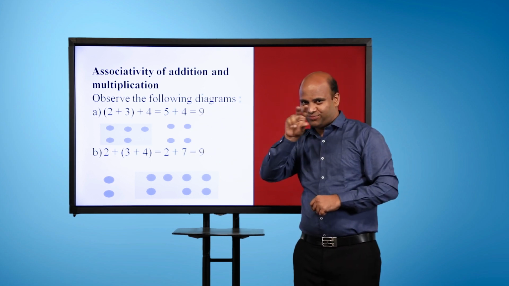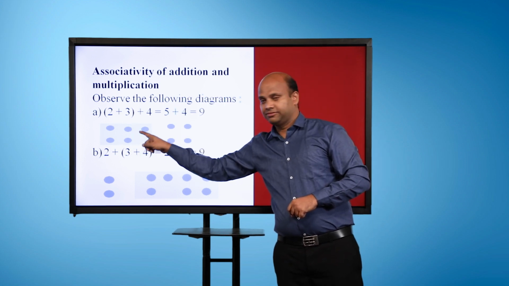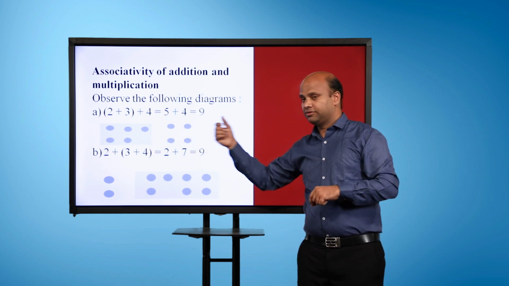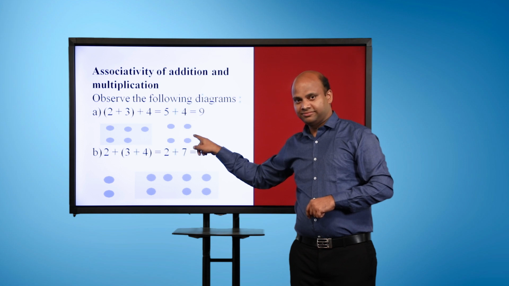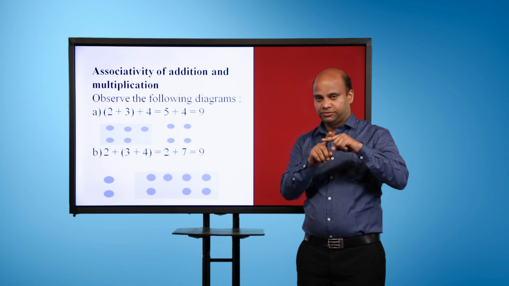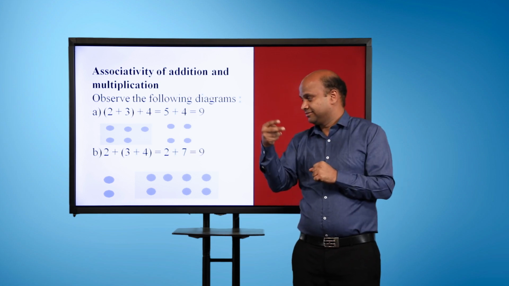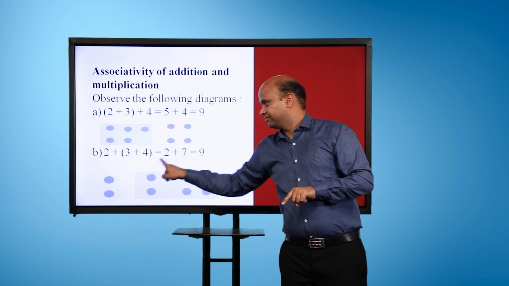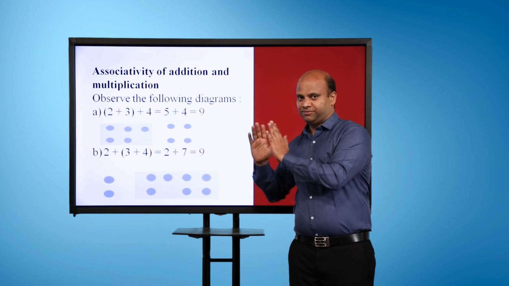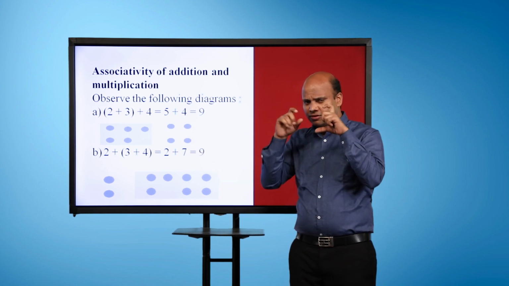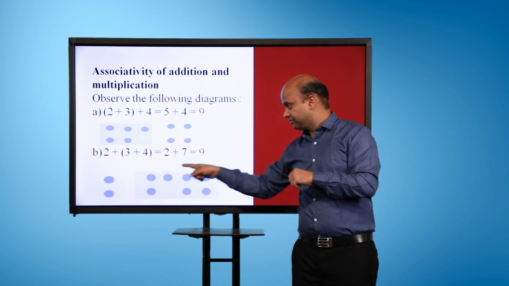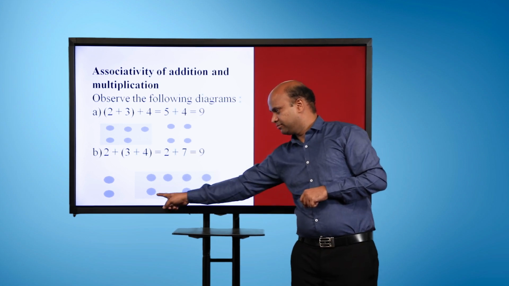Next to this, we have a diagram showing 5 balls in one box and 4 balls in the next. B. 2 plus, in brackets, 3 plus 4 is equal to 2 plus 7 is equal to 9. Next to this, we again have a diagram. The first box shows 2 balls and then we have a box with 7 balls.